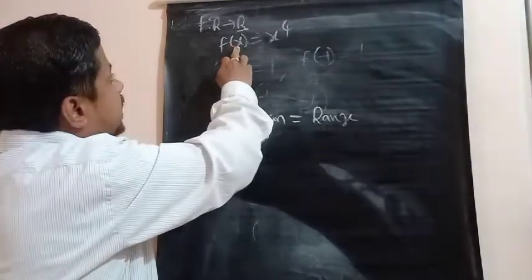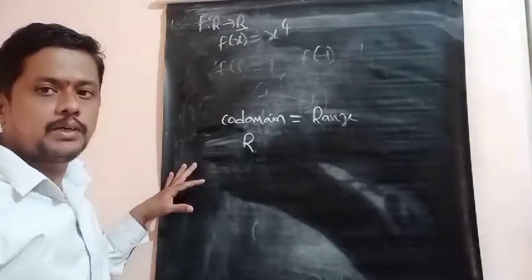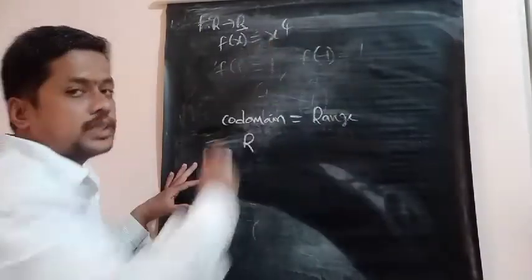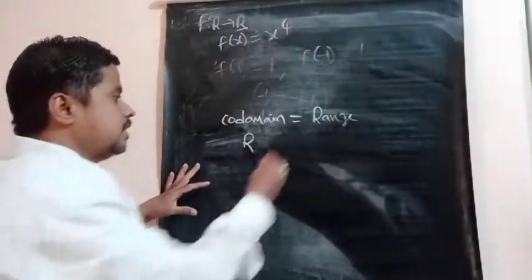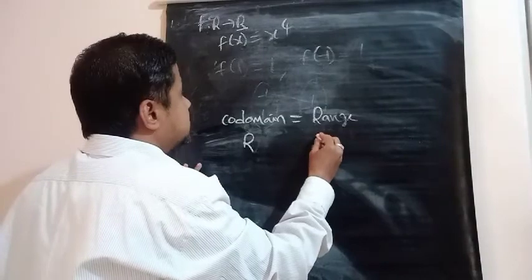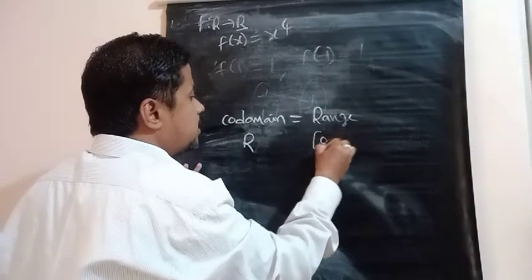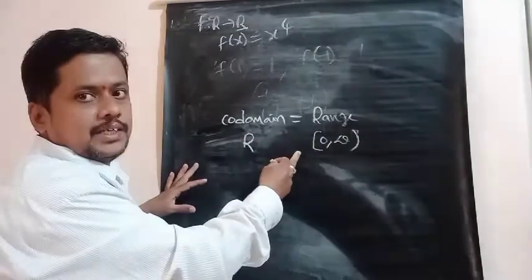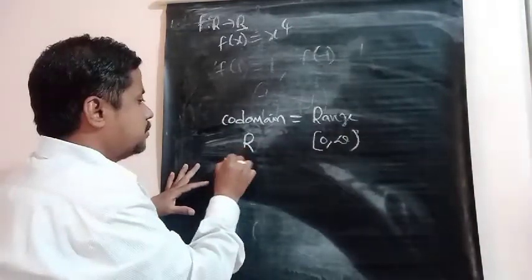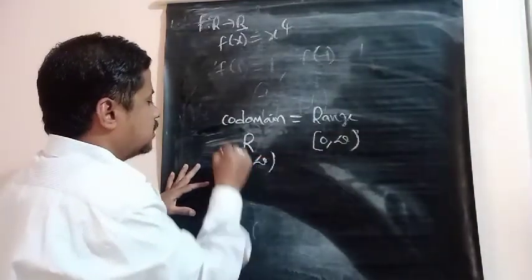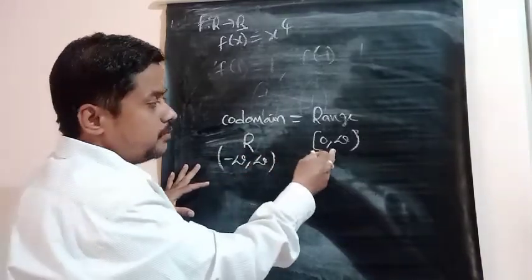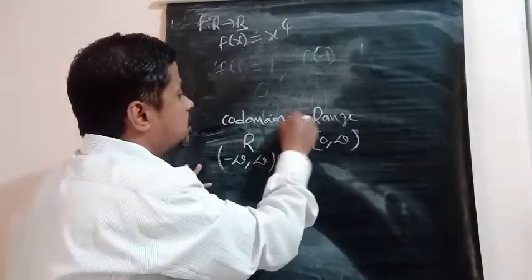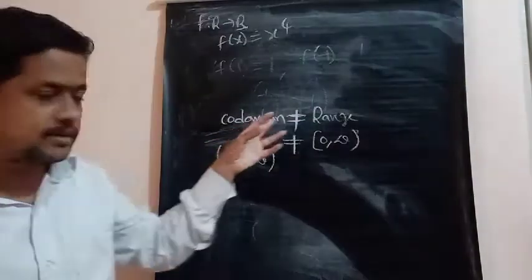If we take any positive or negative values, the result becomes positive, because x to the power of 4 is an even function. That's why the range is 0 to infinity. R means minus infinity to infinity. This is the 0 to infinity range. Both are not the same. Therefore, codomain is not equal to range.